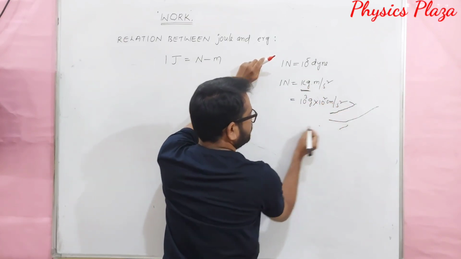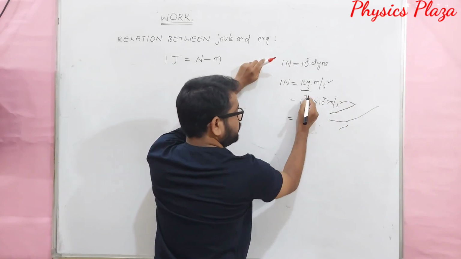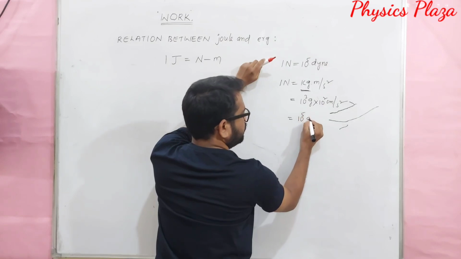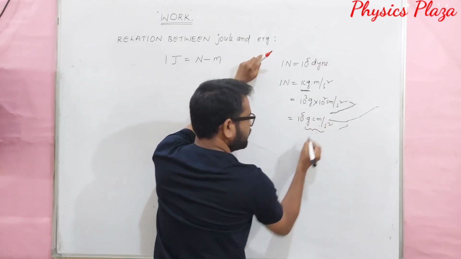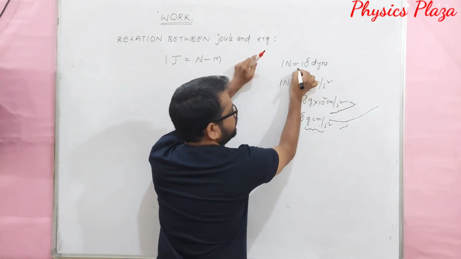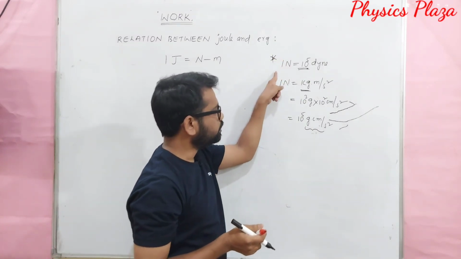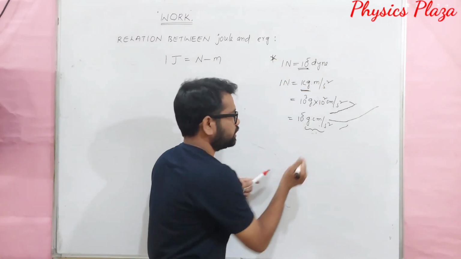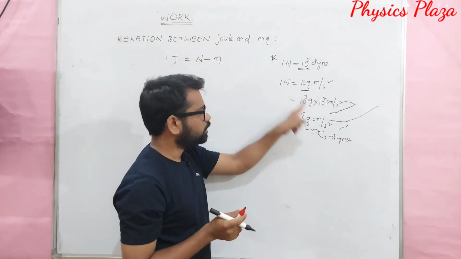So this will be 10 power 3 into 10 power 2, which is 10 power 5 gram centimeter per second square. But this gram centimeter per second square we call a dyne. So 1 Newton is equal to 10 power 5 dynes.